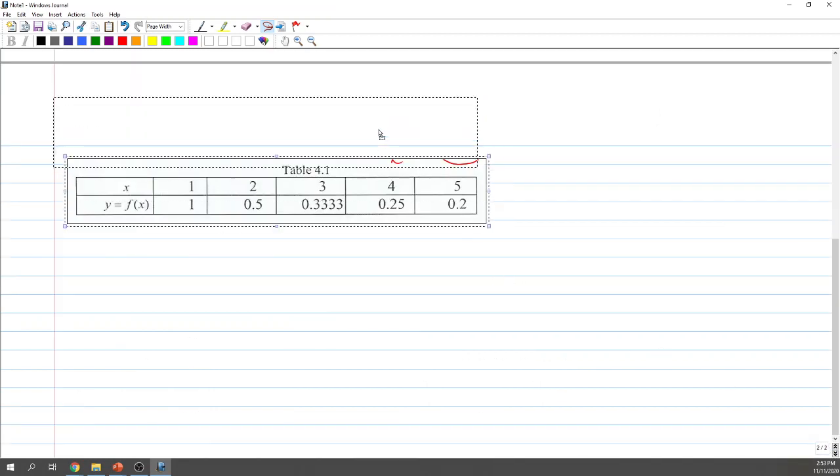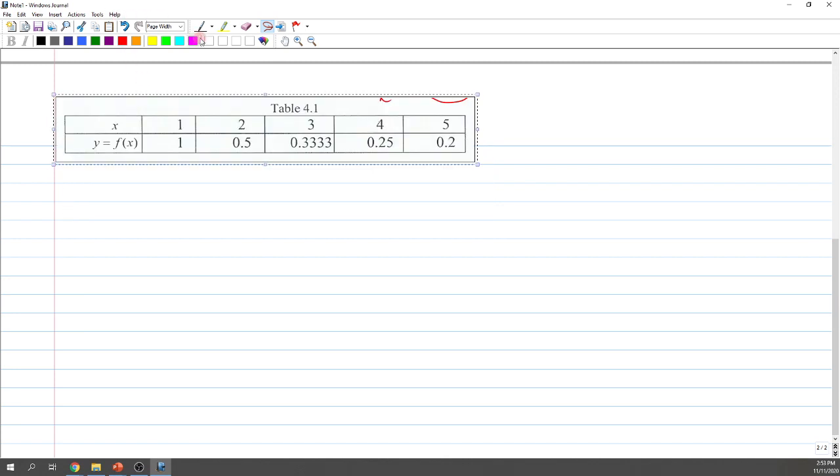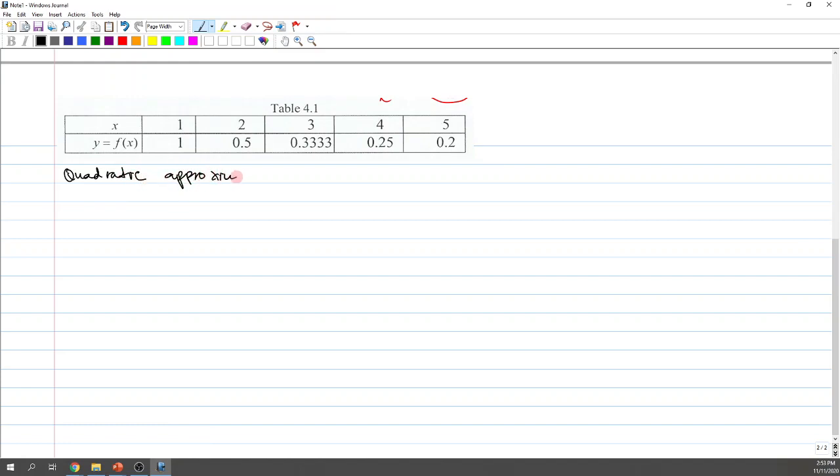Next, they ask us to find using the quadratic approximation. Please remember where is the 4.5. So 4.5 is somewhere here. Quadratic must at least have 3 points.